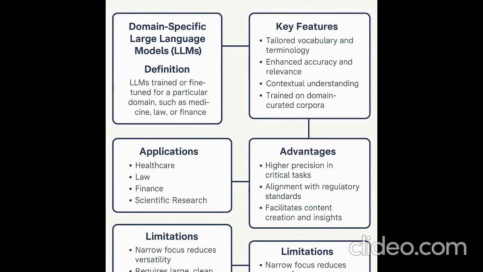Domain-specific large language models, LLMs. What are domain-specific LLMs? Domain-specific LLMs are specialized versions of large language models that are either built from scratch using corpora from a particular domain or fine-tuned from a general-purpose model like GPT, BERT, T5, etc. on domain-specific datasets.